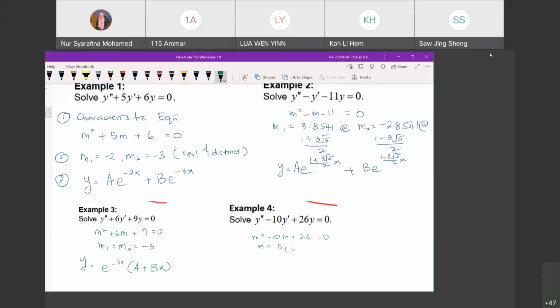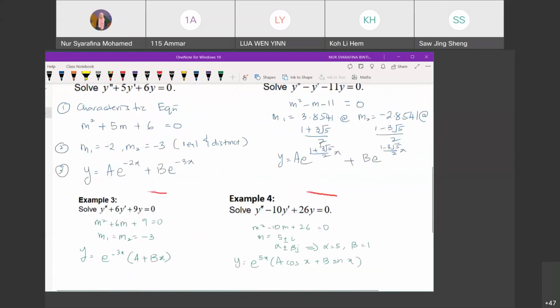This is in terms of alpha plus minus beta j, so alpha is 5 and beta is 1. Just use the form of a complex solution of a second order differential equation, y equals e to the power of alpha x times (a cos beta x plus b sine beta x).